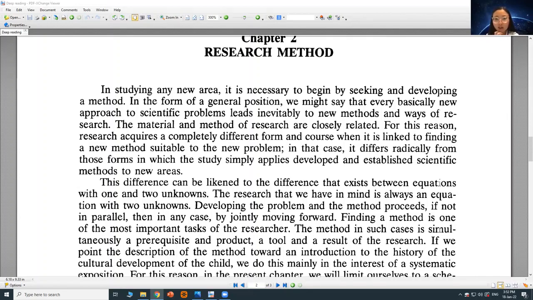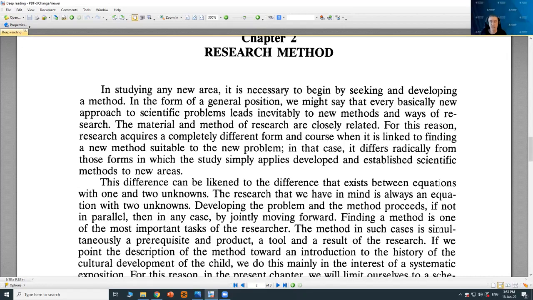And also it said it differs radically from those forms in which the study simply applies developed and established scientific method. So I think what it means is maybe the new method or the new form is not developed or established, or maybe it hasn't been used before. So I think he's stressing we should be more innovative to discover the new area.